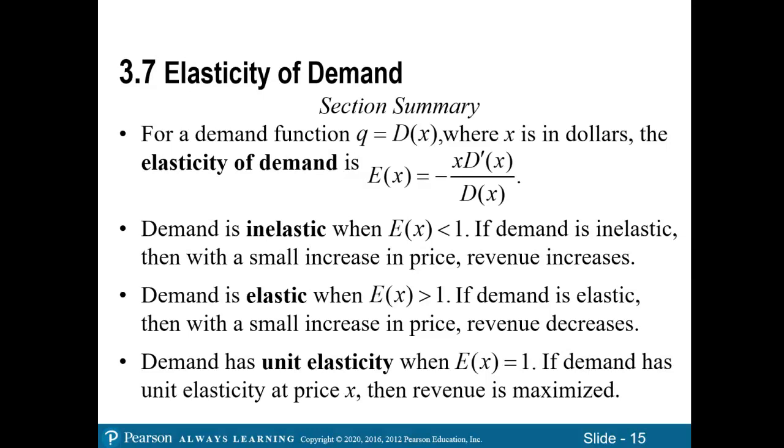The demand is elastic when the elasticity is greater than 1, meaning a small increase in price will decrease revenue. And it would have unit elasticity when the value of E is equal to 1, and at that price, you have maximum revenue. All right, so that is the end of section 3.7.